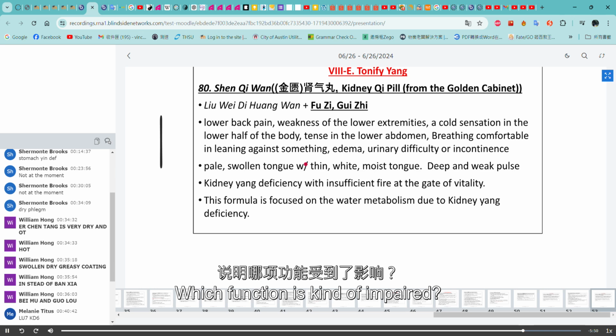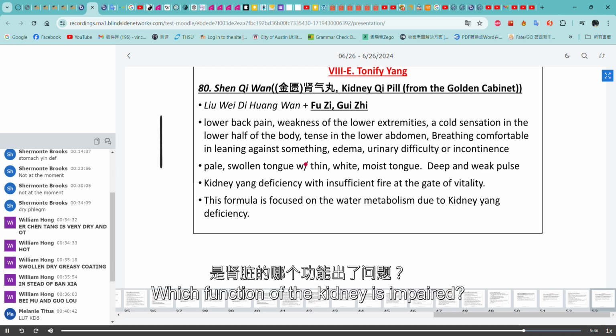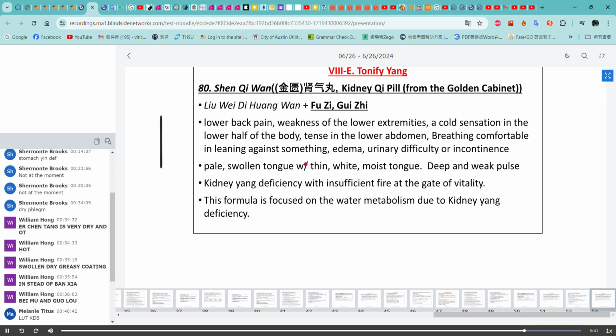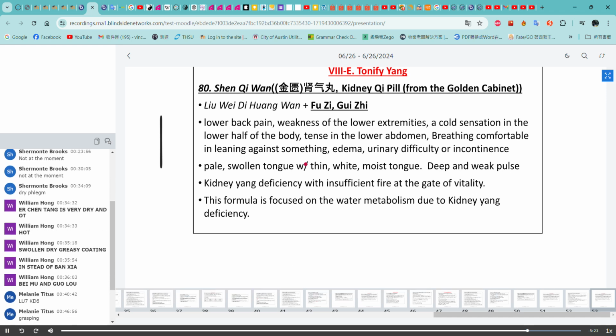Which function of the kidney is impaired? Breathing comfortable leaning against something.